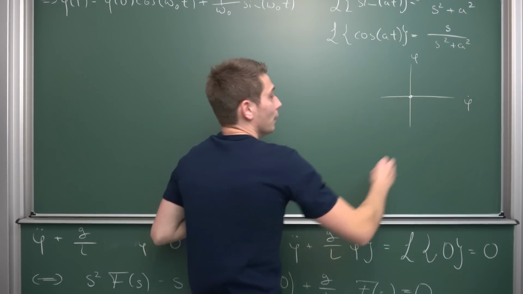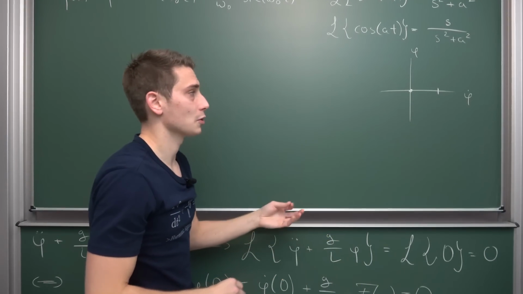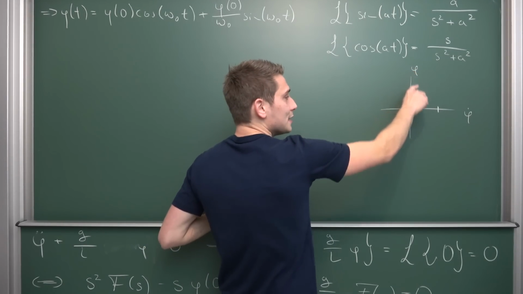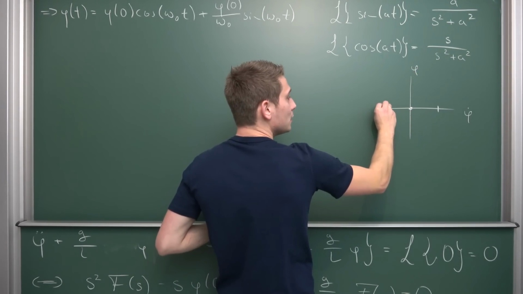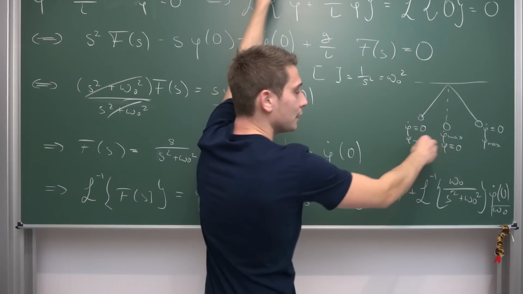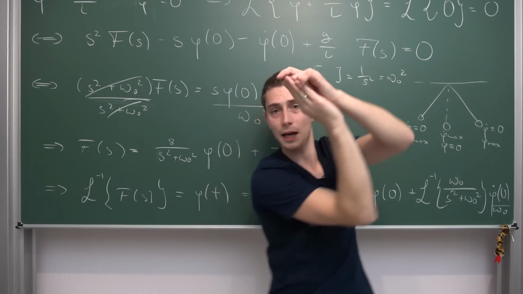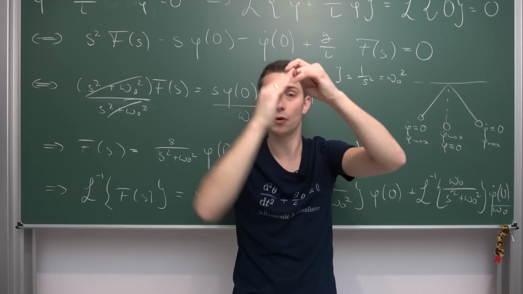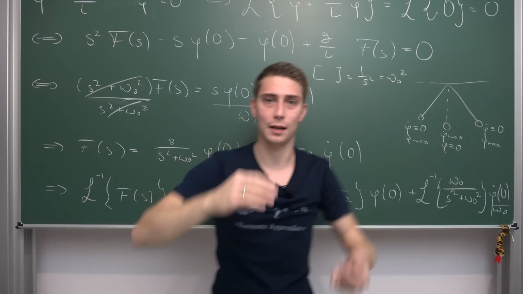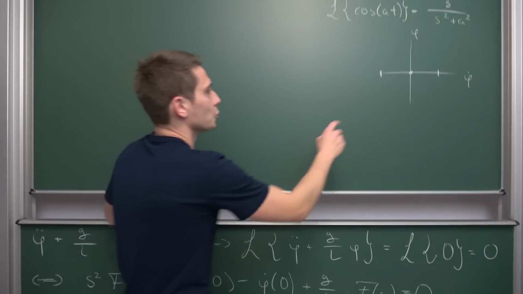If our phi is at its maximum value, then our phi dot, our angular velocity, is going to be 0. Same spiel the other way around. If we approach from this side, we are going to have an angle of 0, and if we approach from this side, we also have an angle of 0, but the velocities are different in sign. The sign is turned around, meaning it's going to go through those points.